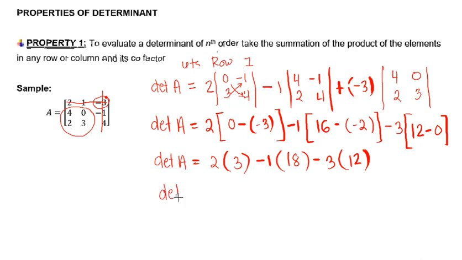So the value for our determinant A is equal to 2 times 3 minus 1 times 18 minus 3 times 12, that is equal to negative 48. So kindly check if my computation is correct. So our determinant A is equal to negative 48.